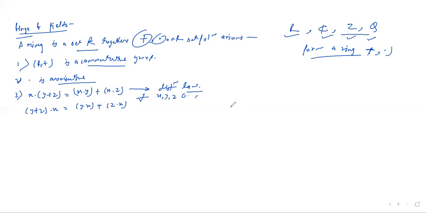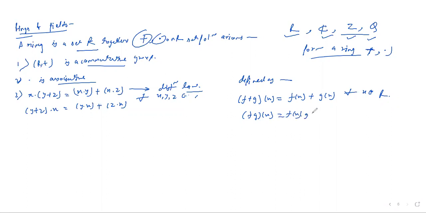Now the set of all real valued functions of a real variable forms a ring under usual addition and multiplication defined as (f plus g)(x) equals f(x) plus g(x) for all x belonging to R, and for the multiplication part, (fg)(x) equals f(x) times g(x).